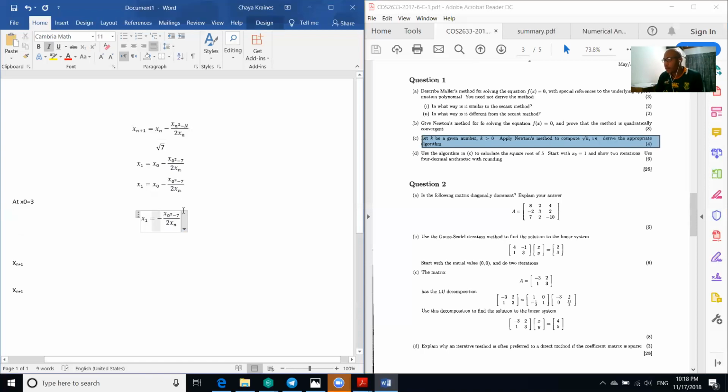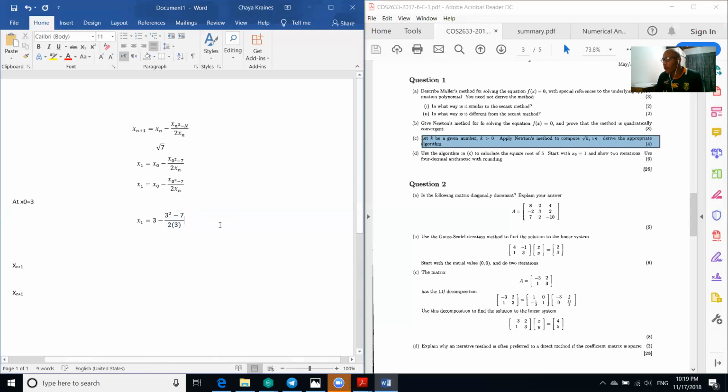X1 equals 3 minus 3 squared, minus 7, over 2 times 3. You see, I've given up on being fancy. That's how you do it if you're asked to find the root of 7.